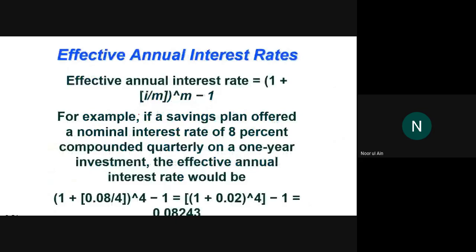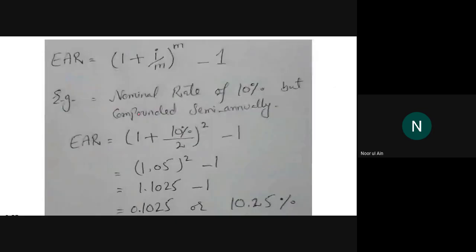Effective annual rate calculation formula is (1 plus i divided by m) raised to power m, minus 1. And you don't need any additional information for that. You'll use only the information of interest rates and compounding periods in a year. Fine.